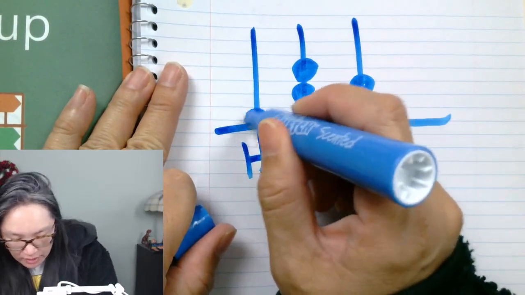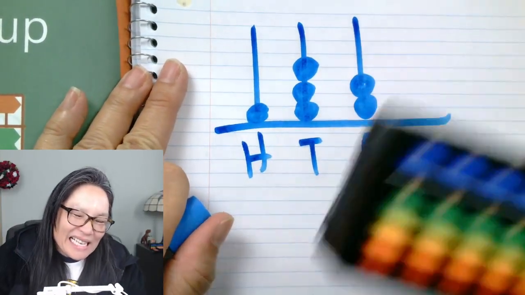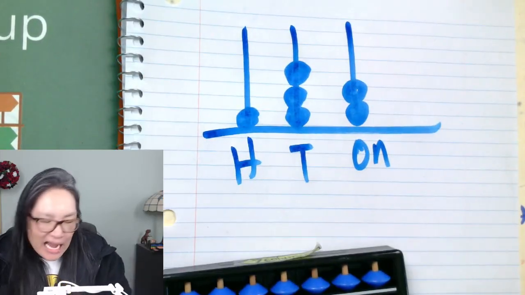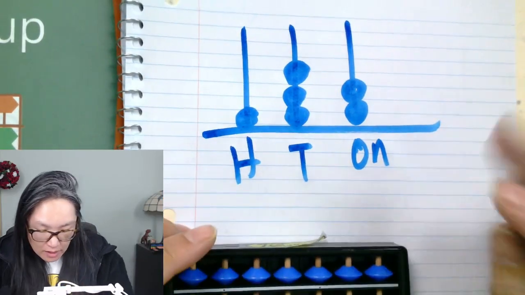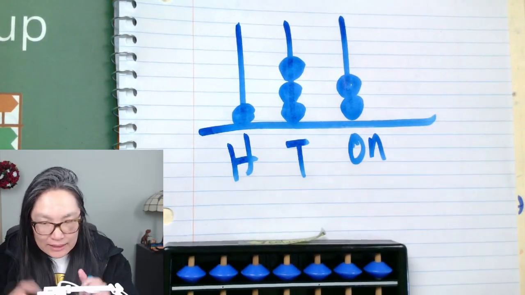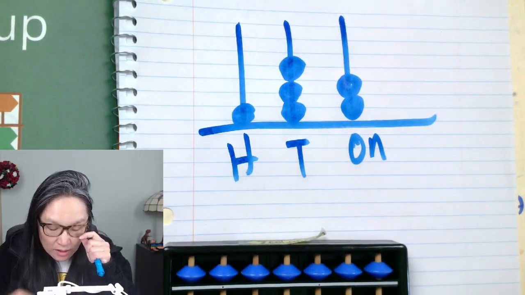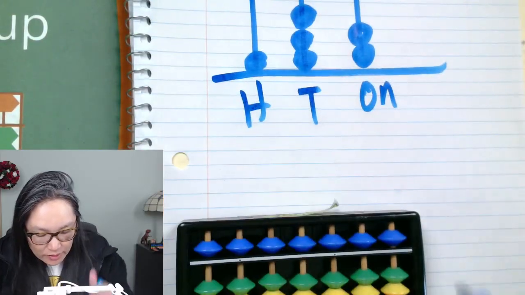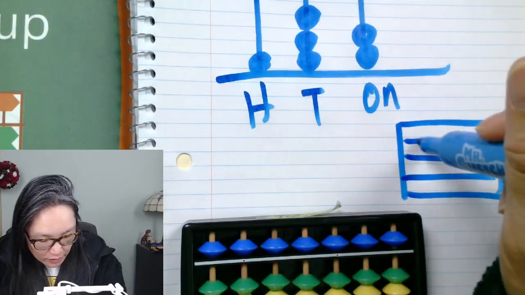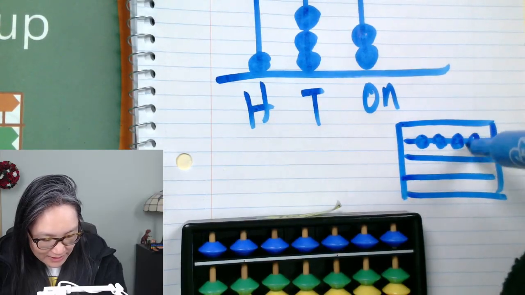If I do here, then that's 4. Kind of the same. I don't teach this way, because this is kind of like the 10 bead that goes across. So there's one abacus that goes like this, and you do the beads like this. It's kind of the same.